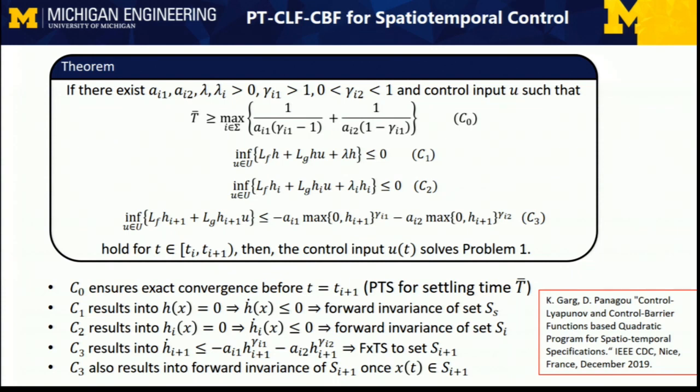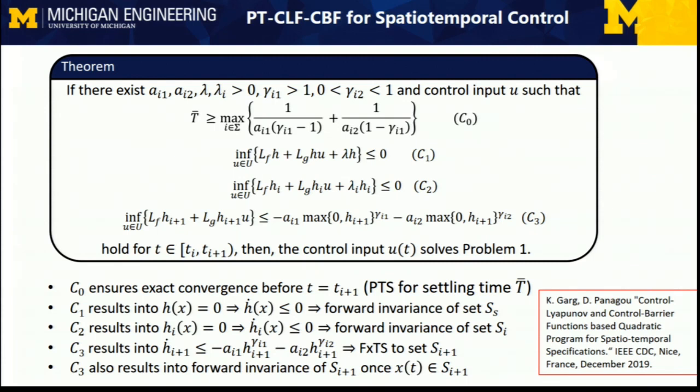And you have here also the fixed time convergence condition for making sure that trajectories from Si will hit Si plus 1 within this fixed time that you have set. Then you have a control input that solves this problem 1.